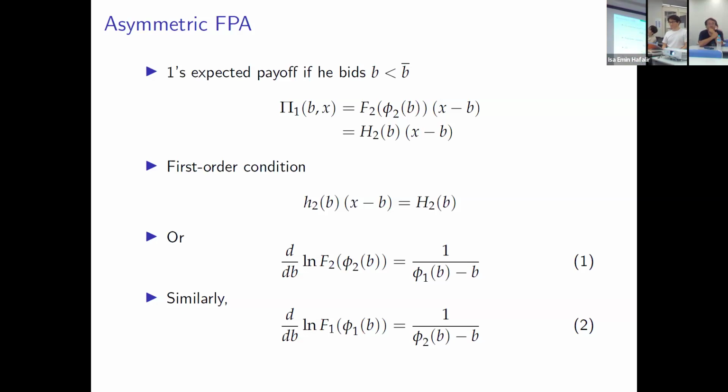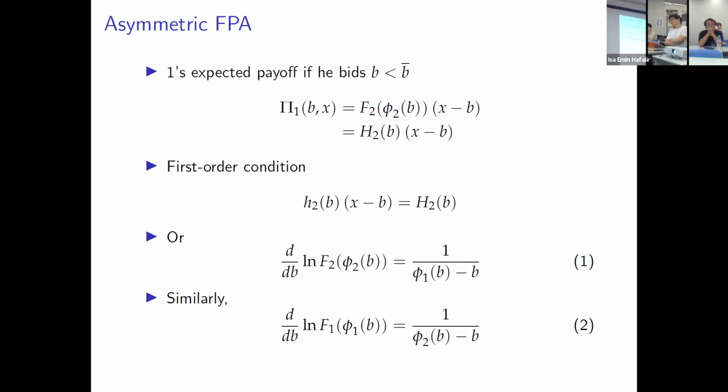So there is this paper by Marshall and Marx about how to find numerical solutions to asymmetric first price auctions. Because when you do not have a solution to a differential equation, you can always use numerical techniques. But in order for numerical techniques to work, you actually need to give an initial condition.